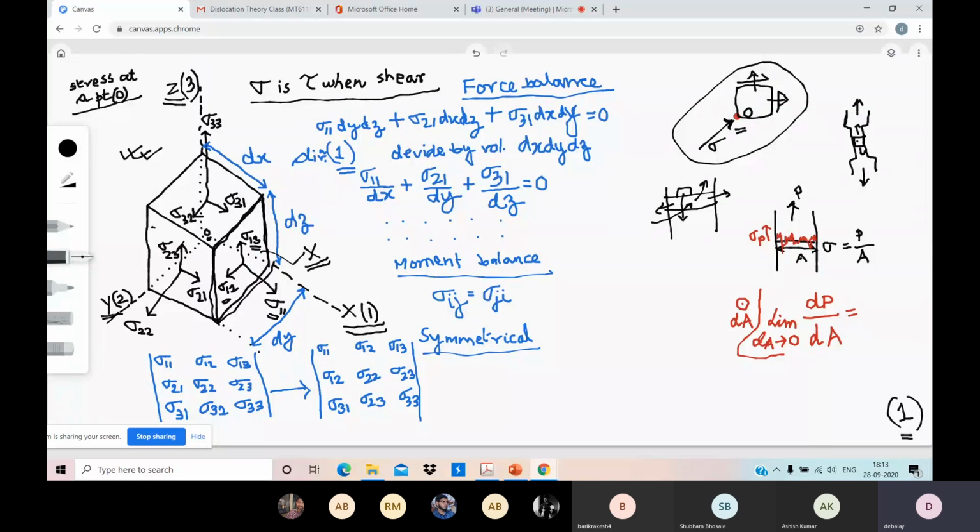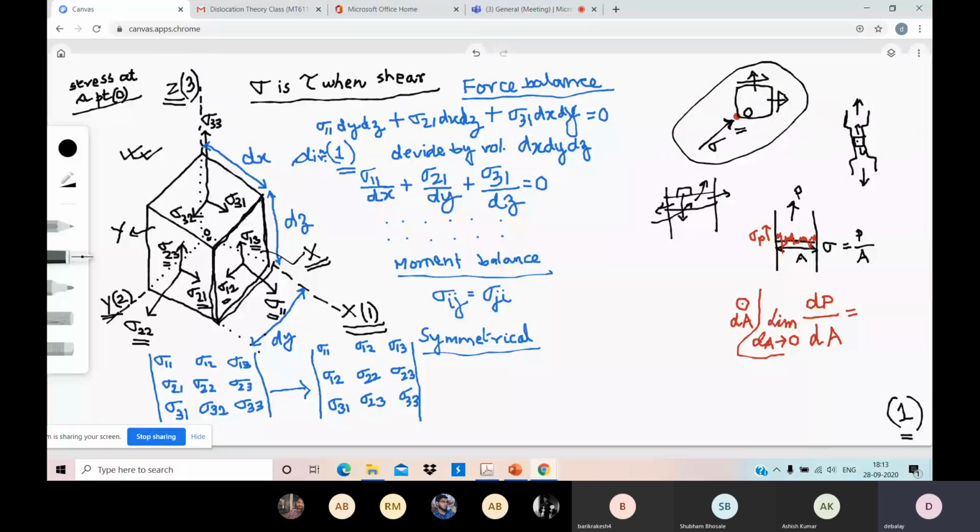So sigma 1,1 is basically the normal stress. Sigma 1,2 and sigma 1,3 are basically the shear stress. Similarly, on the y plane, this particular plane is called the y plane or plane number 2 because this is perpendicular to the y direction. So here we represent it as normal stress sigma 2,2, shear stress sigma 2,1 and sigma 2,3.